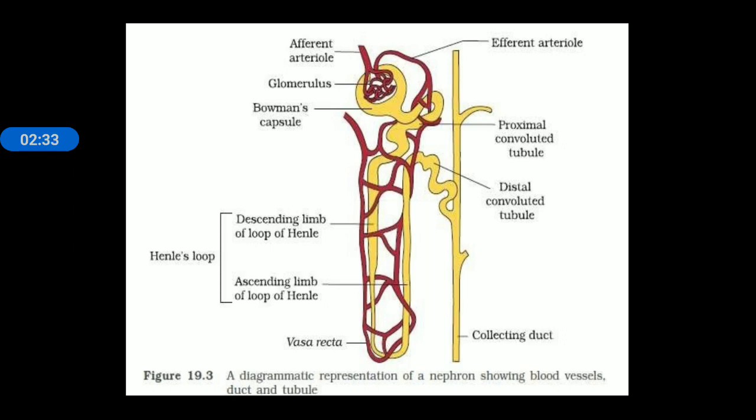The glomerulus is a tuft of capillaries, a thin network of capillaries which helps in filtration, and the efferent arteriole forms a network around the loop of Henle, PCT and DCT, and this network is known as the vasa recta.